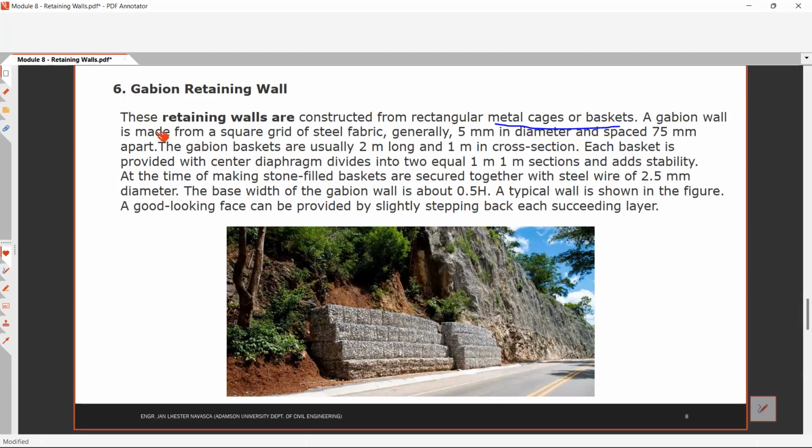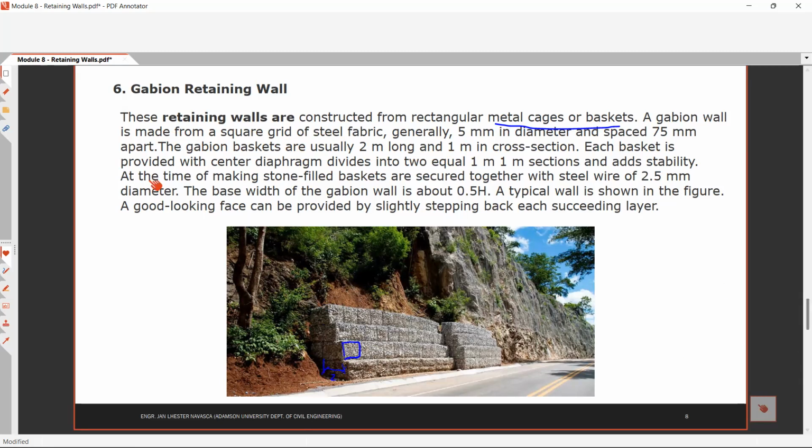A gabion wall is made from a square grid of steel fabric, generally 5 mm in diameter, and spaced at 75 mm apart or 3 inches apart. So the gabion baskets are usually 2 meters long and a 1 meter cross section. Okay, so 2 meters long. Ito, basically, this is 2 meters, and we have this 1 meter cross section.